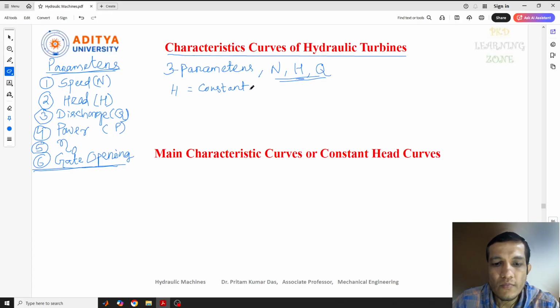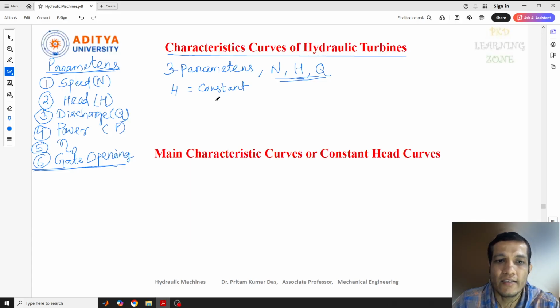The other parameters will be varied along with this H, that means H remains constant and the remaining parameters are considered under various conditions. These curves, obtained by conducting a number of experiments, are called characteristics curves of the turbines.